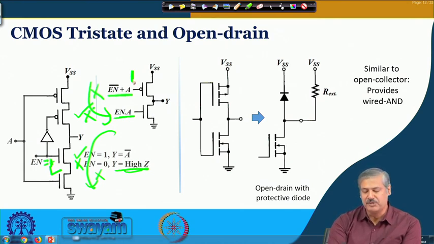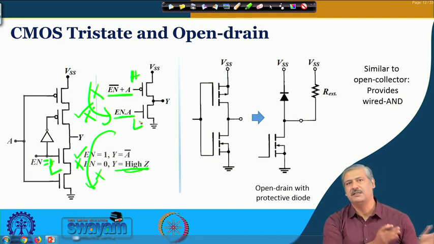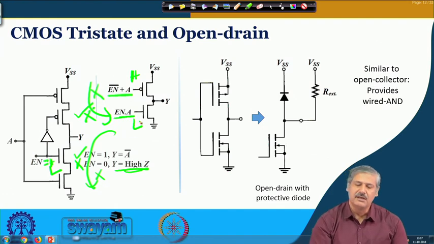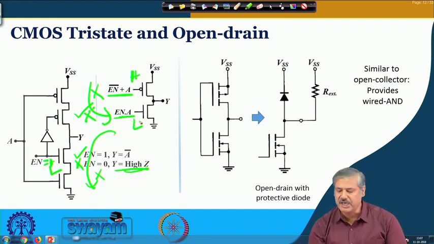So, this will be high and this will be low, which will ensure that both of them are off. So, output is electrically isolated, offering high impedance, and only when enable is high, right, it is A which decides the output. A could be many other things in the previous cases. So, these are the tri-stated configuration using CMOS, okay.